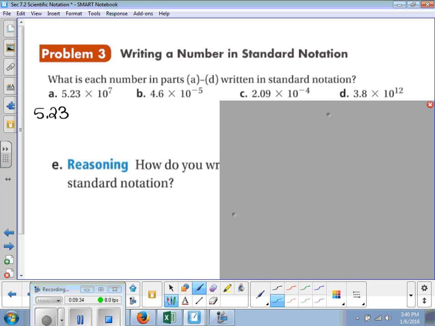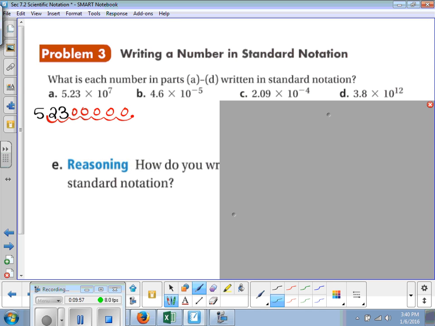Very good. How many times am I going to move it? 7 times. Awesome. So 1, 2, 3, 4, 5, 6, 7. And what do I do with those? You add zeros. Now you're not done yet because I want you to rewrite it with commas. When you have the big numbers, I want you to rewrite it with commas.